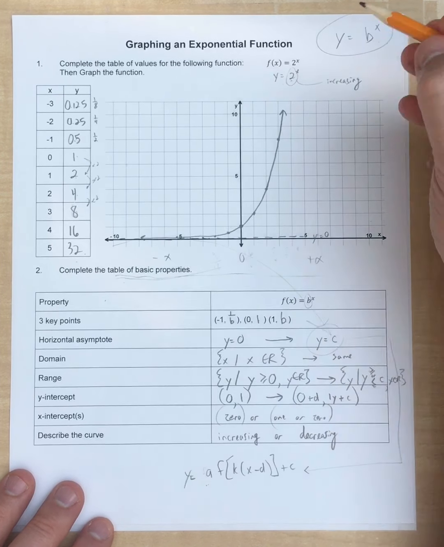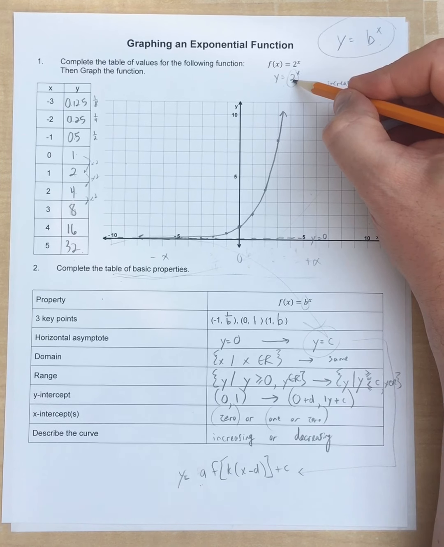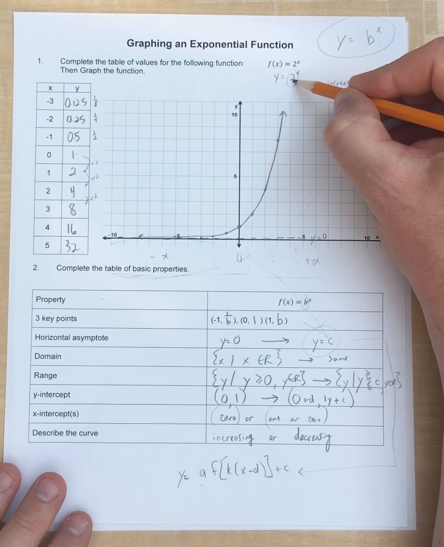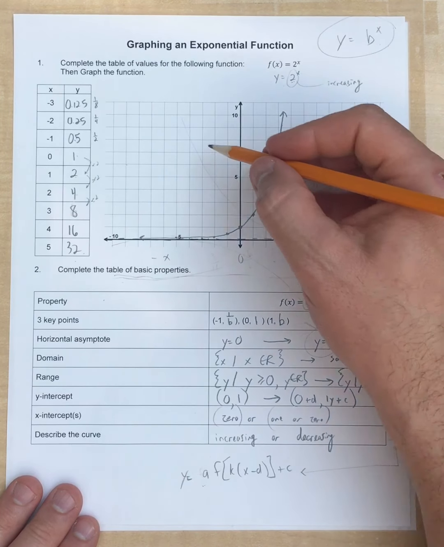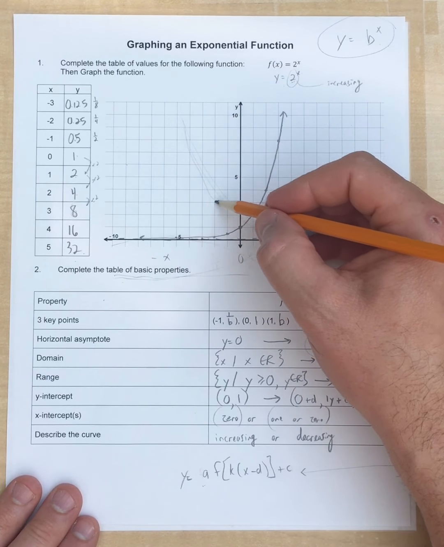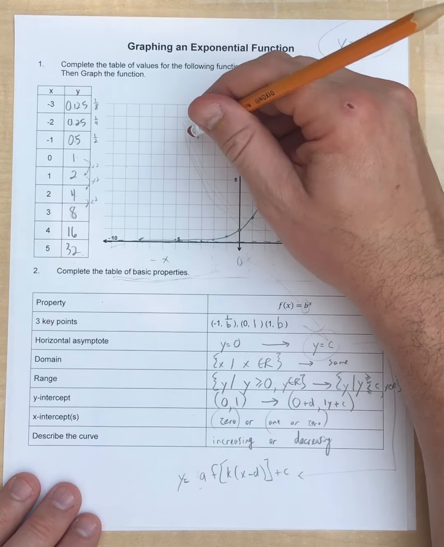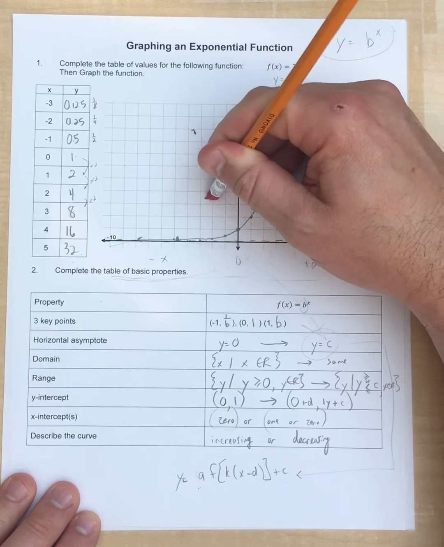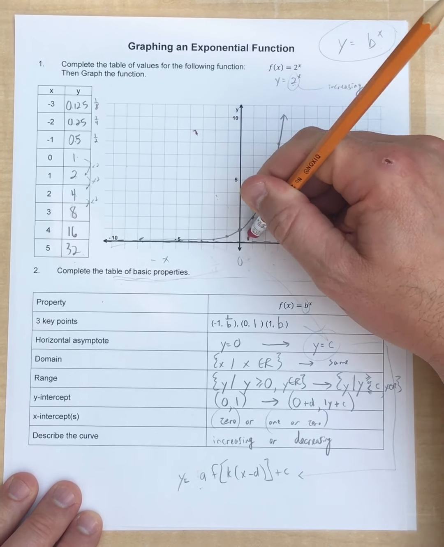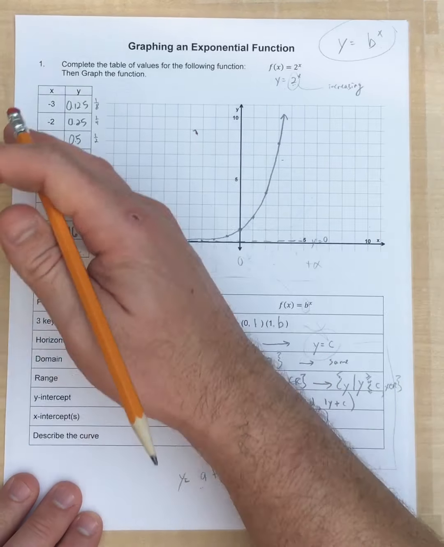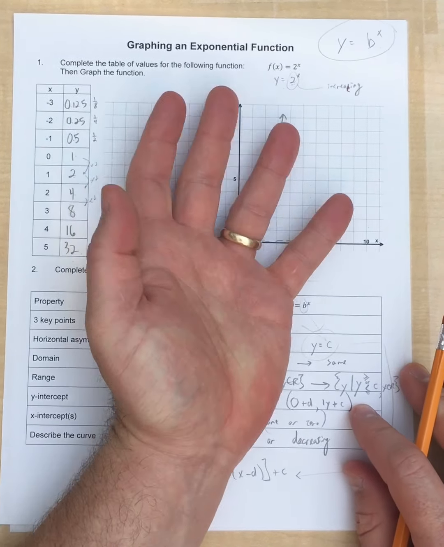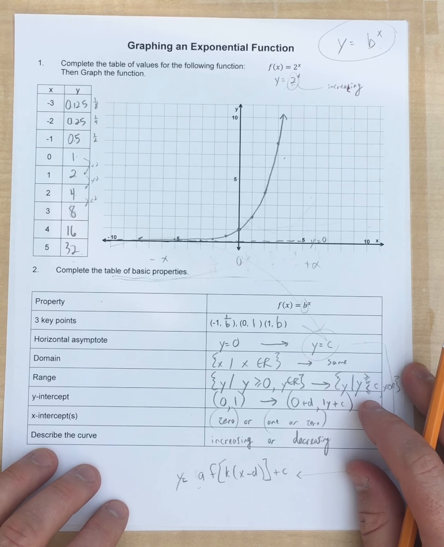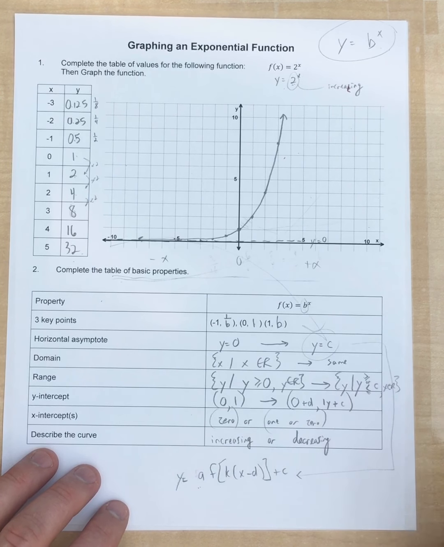In two ways. One, if we have a base that's a half or a third or a tenth or whatever it may be, then it's going to look sort of like that. But we also have the scenario where we take the function y is equal to 2 to the x, and then we flip it, or we have a horizontal reflection, and that's where our k value is negative.